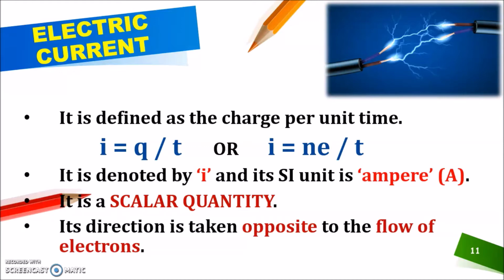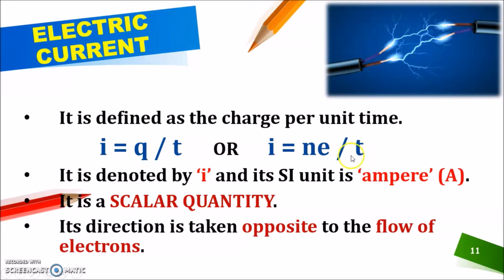From this definition we can say that I equal to Q by T, charge per unit time, or if I put the value of quantization of charge Q equal to NE, then this formula will be: I equal to NE by T.